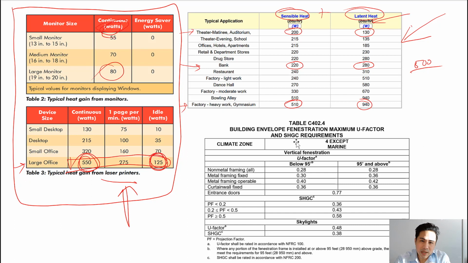It's going to cause us to size the HVAC system too large for what the typical load is going to be, since that continuous wattage is not occurring many hours of the day. It might just be for 1 minute in a day or 5 minutes. So we're going to use that idle wattage for this case.